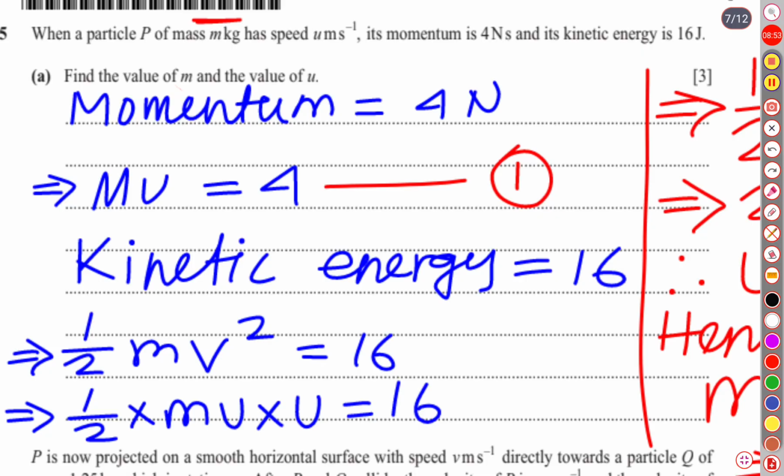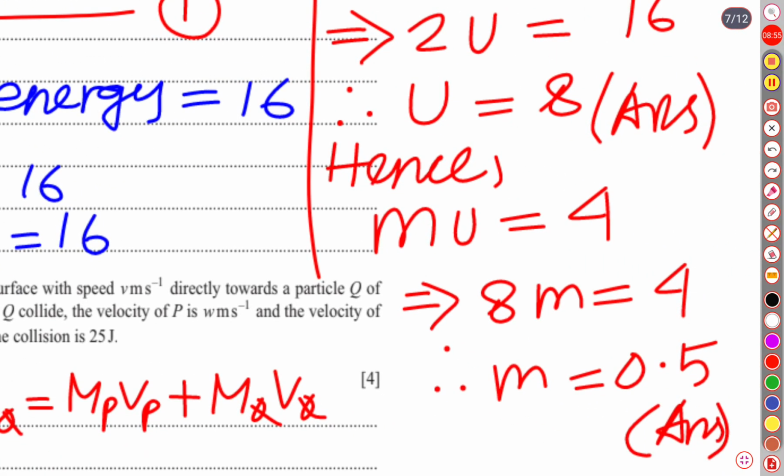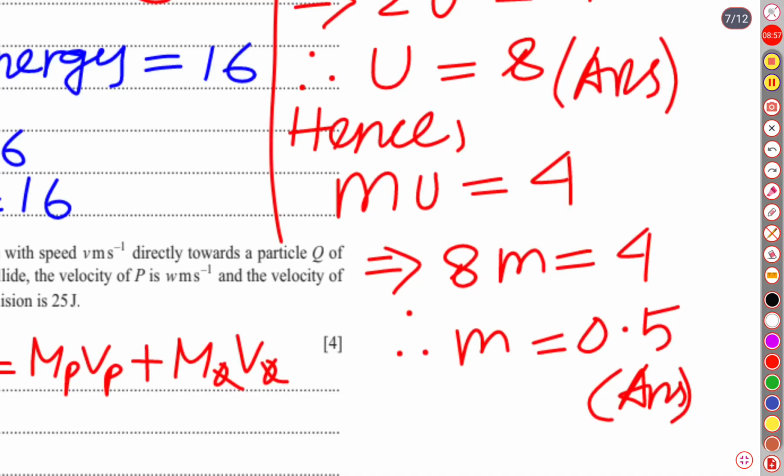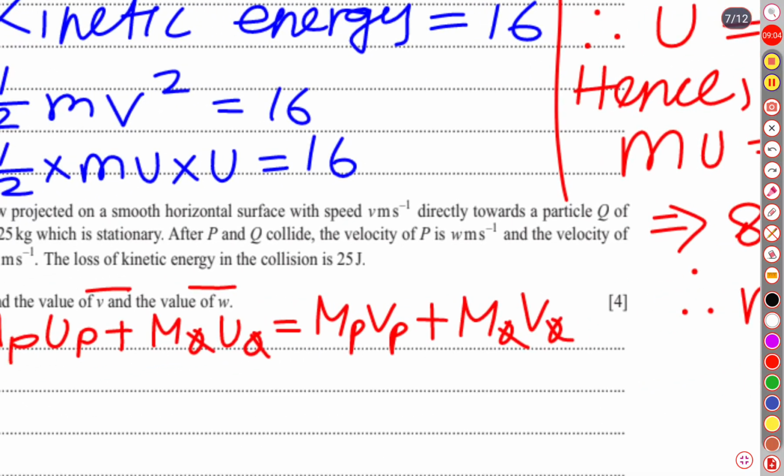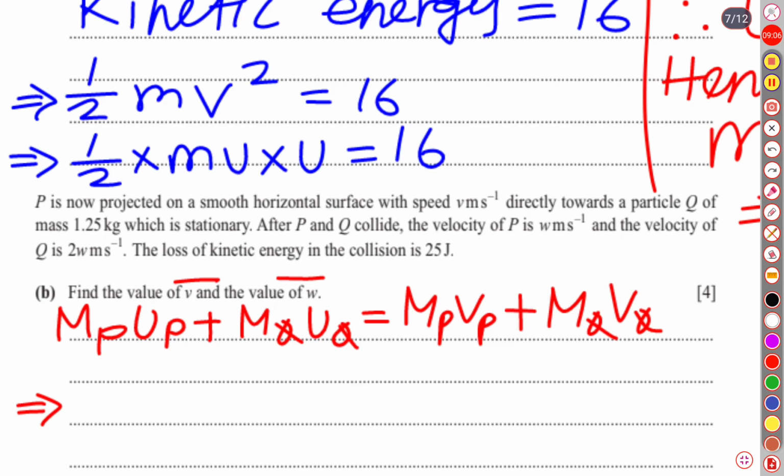Look at this, we have obtained here m is equal to 0.5. So mass of particle p is 0.5 and mass of particle q is given over here, 1.25. So we have got the values of the masses of particle p and q.